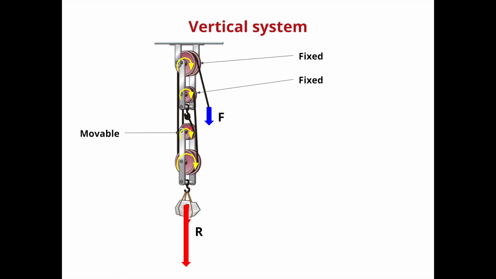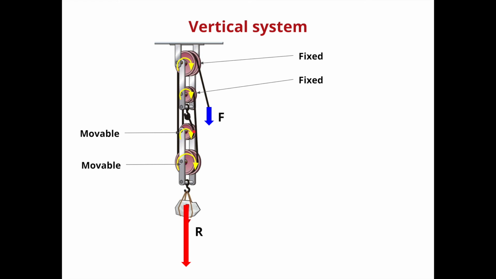Take a look at this. When we pull from here, this one is going to be pulled also with this part of the rope. This is not attached to any fixed part. And if this is going to move up, this will move up too. So these are movable pulleys, both of them. The two of them are going to be lifted.